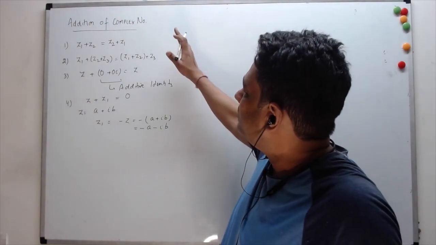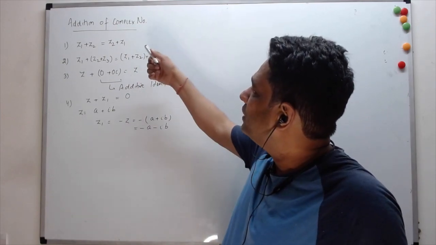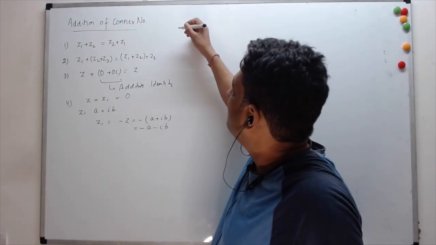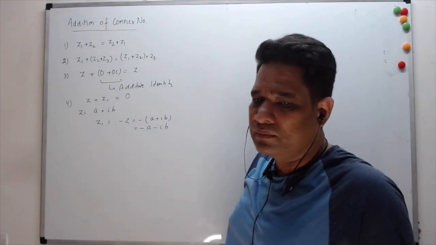Now I think that pretty much is what you do. We already know how we can add two complex numbers, right? And coming to subtraction, it is not much different.